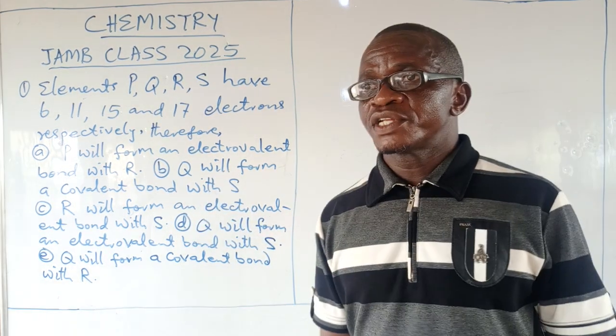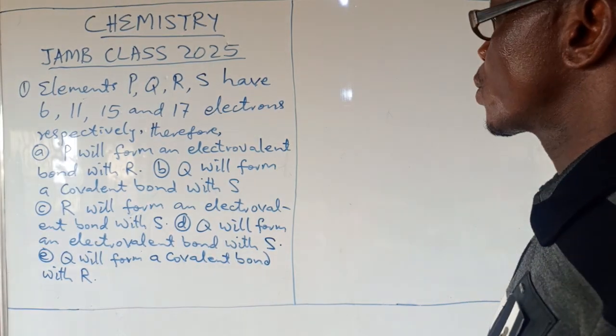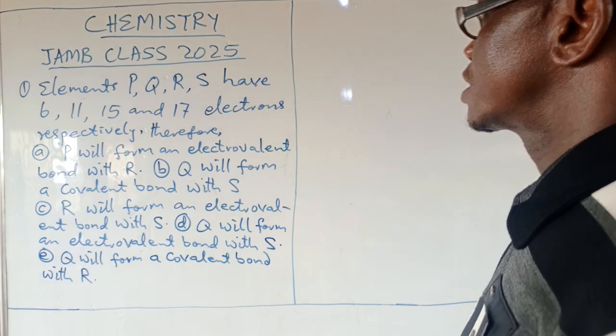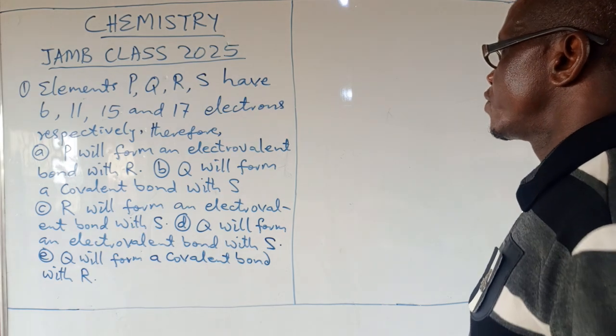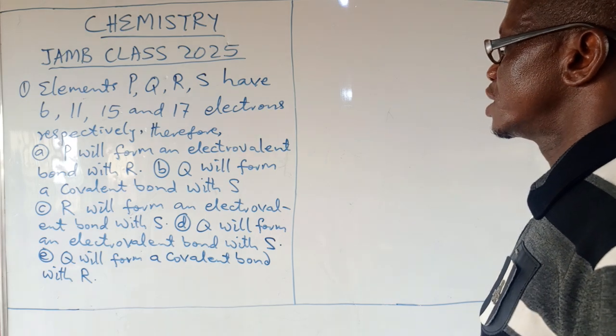The first question: elements P, Q, R, S have 6, 11, 15, and 17 electrons respectively.